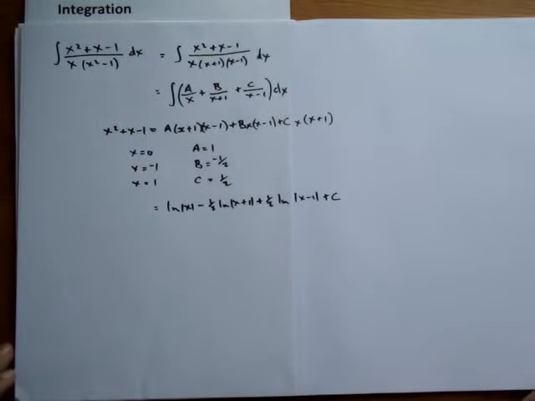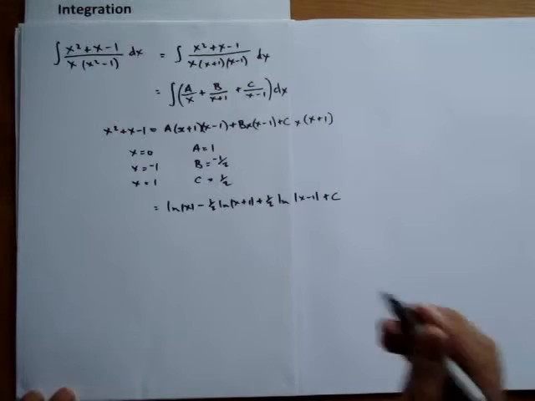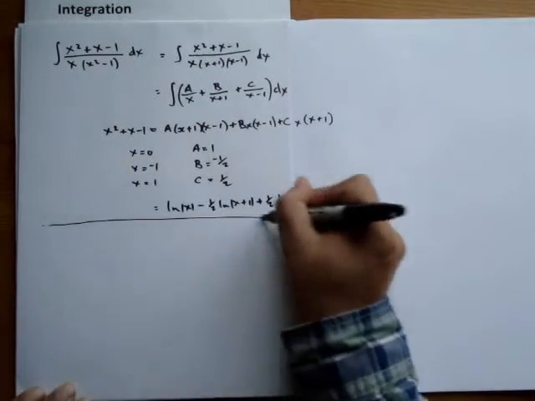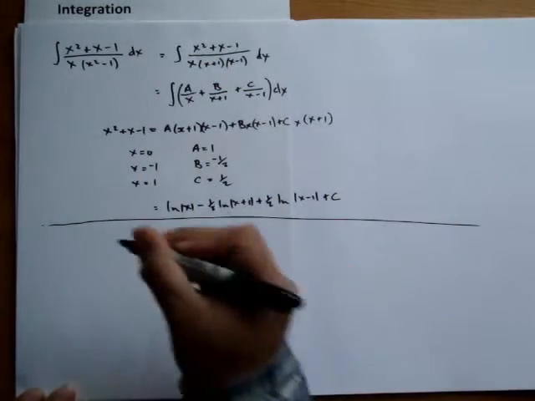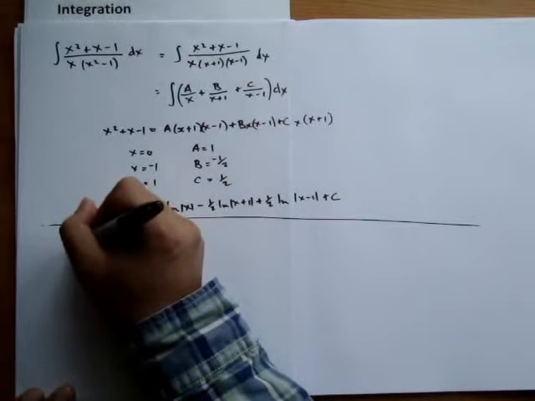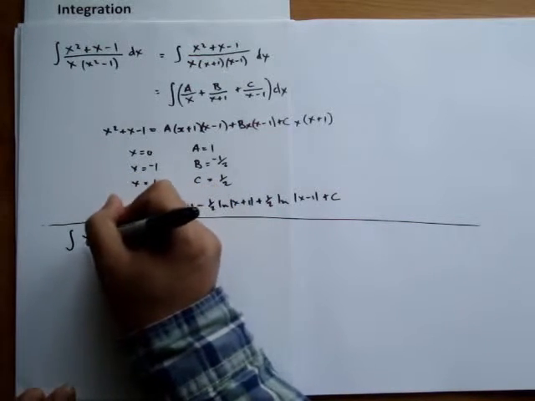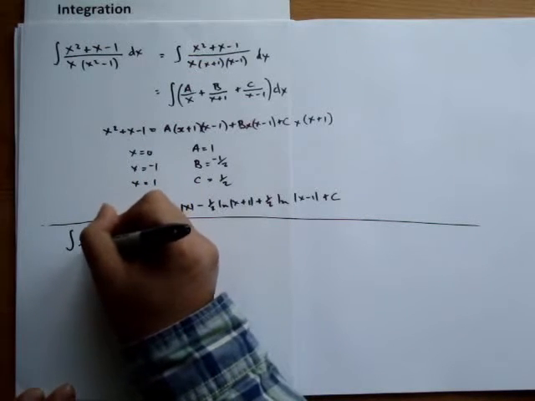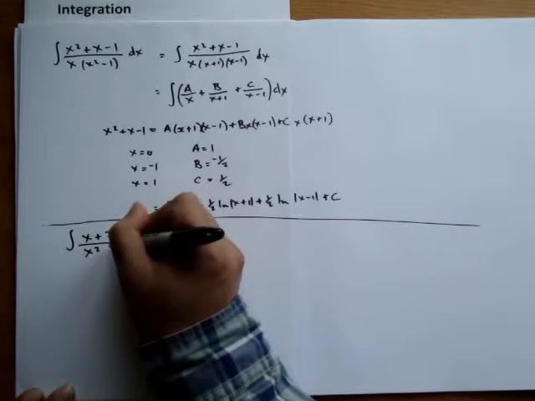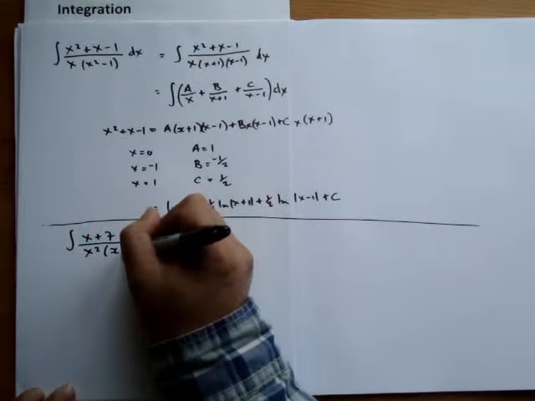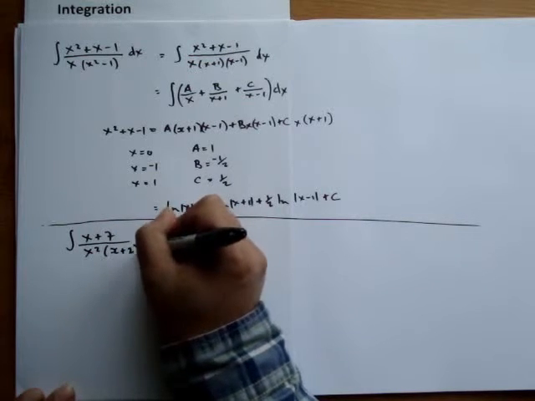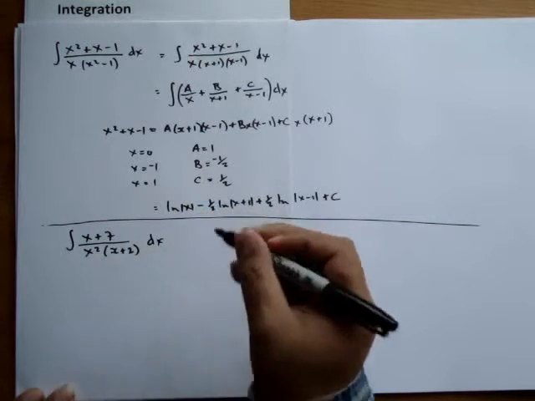Let's have a look at a similar thing but with repeated factors. So if we have the integral of x plus 7 over x squared times x plus 2, dx.